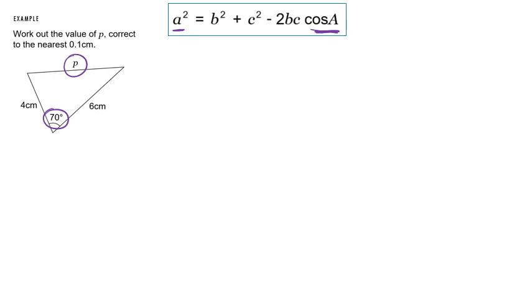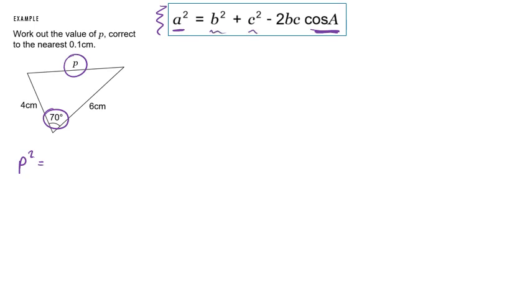So here, the angle we've got and the side opposite. So we want to find out the length of p here, and that's equal to a in this. The angle 70 degrees is equal to a. It doesn't matter about labelling them, but we just need to be aware of how to use the formula. So for this, we're going to have p squared equals, now we've got the two sides here.